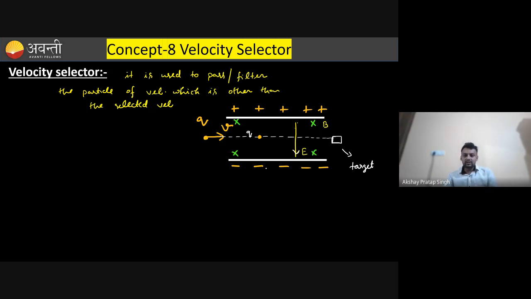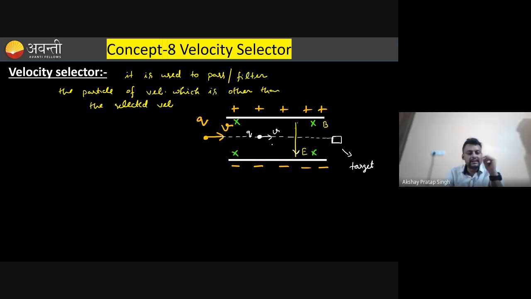So my question at this point is, what is the direction of force acting on this charge Q at this point? What will be the direction of electrostatic force acting on this particle? This particle is moving in this direction, velocity is this, and electric field is in the downward direction.